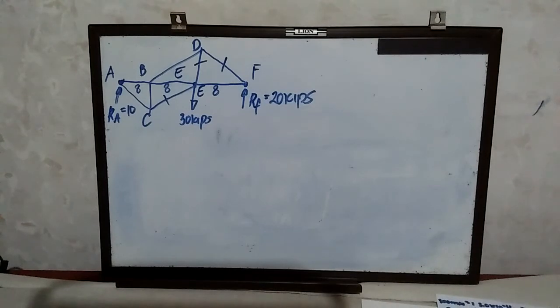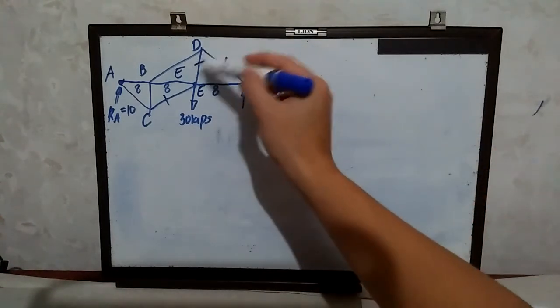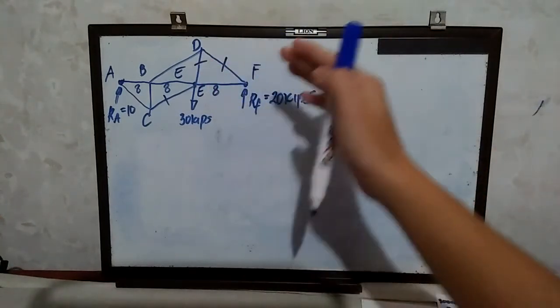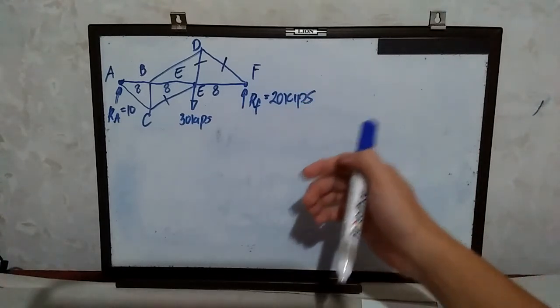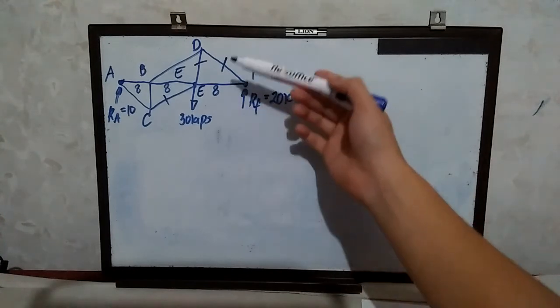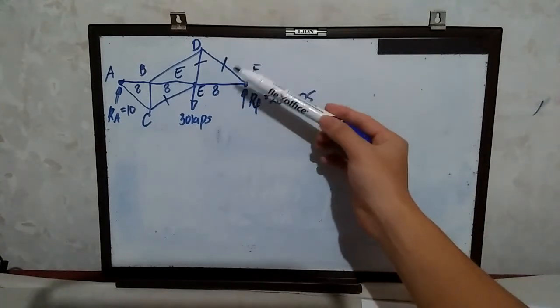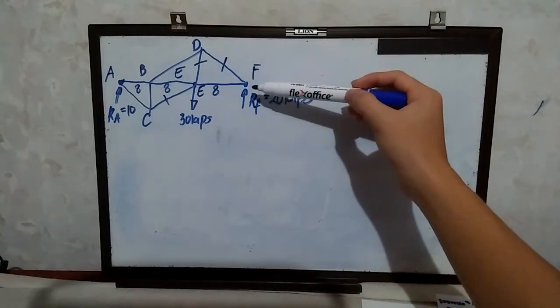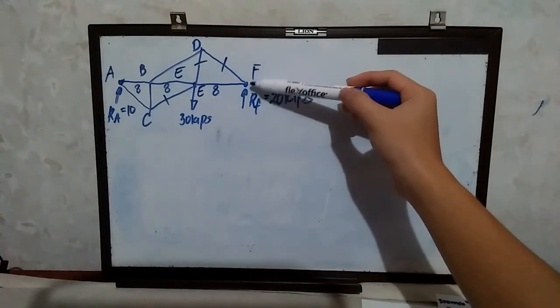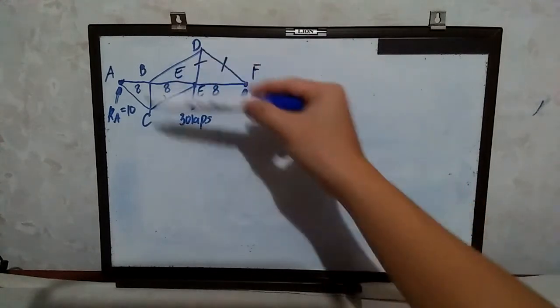Because if we directly go into the members that are inside the structure, that would be a more complicated approach because we have many unknowns. So for this case, let's solve member DF first, because that is the member closest to having data available in order for us to solve for the whole structure.